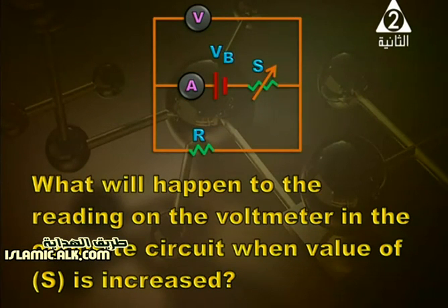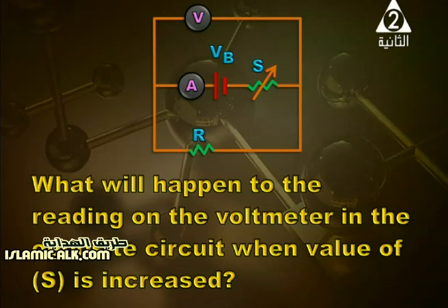Okay, what will happen to the reading on the voltmeter in the circuit shown in front of you when the value of the variable resistance is increased? Your attention please. Here the voltmeter reads the voltage across the resistance R. It is designed to measure the voltage across only R, the external resistance.